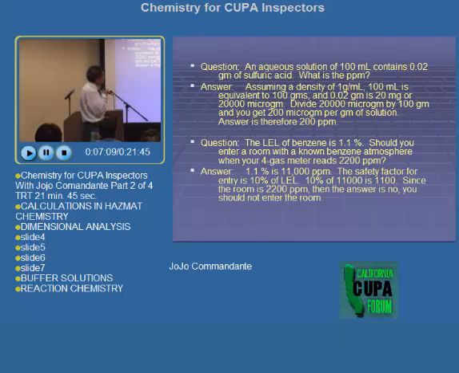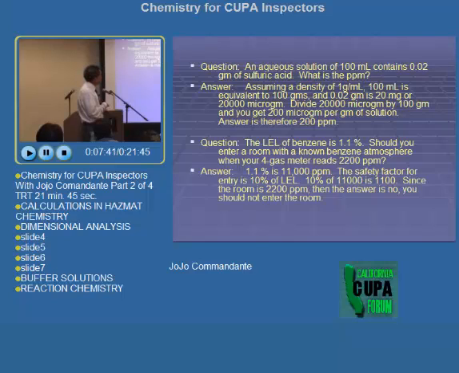Listen, it's a very small quantity of sulfuric acid, so we can assume a density of 1 gram per milliliter, 1 gram per cc. 100 milliliter is equivalent to 100 grams of solution, right?